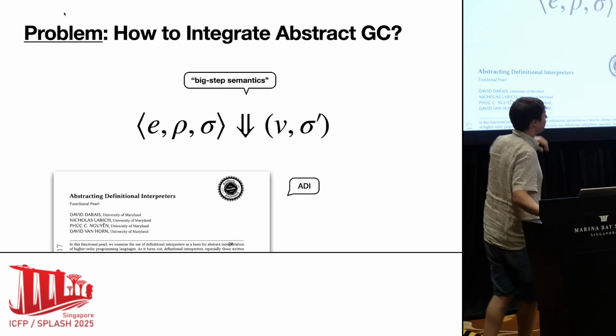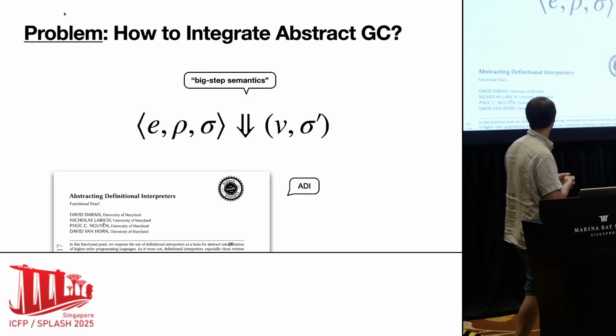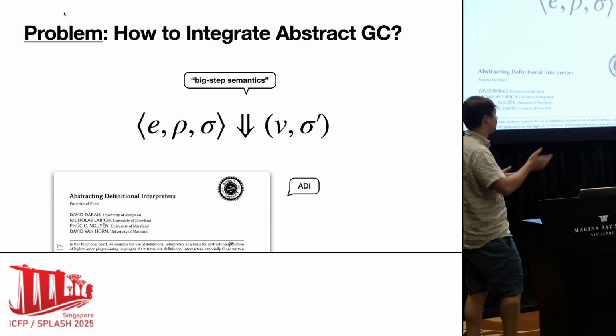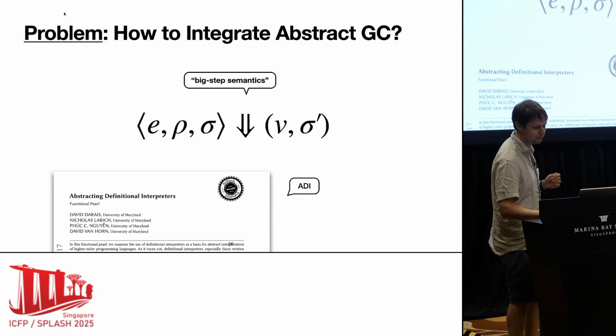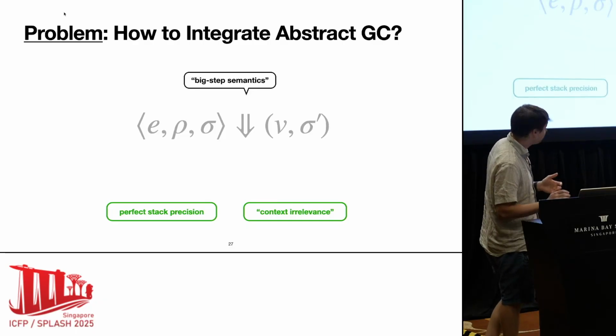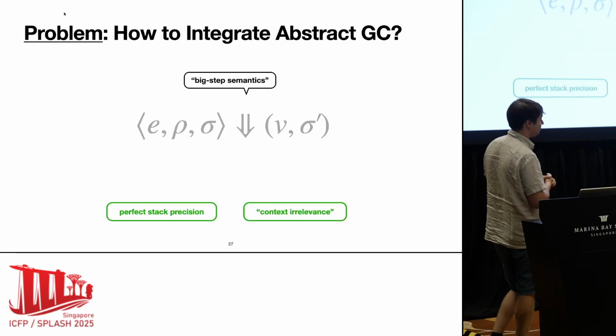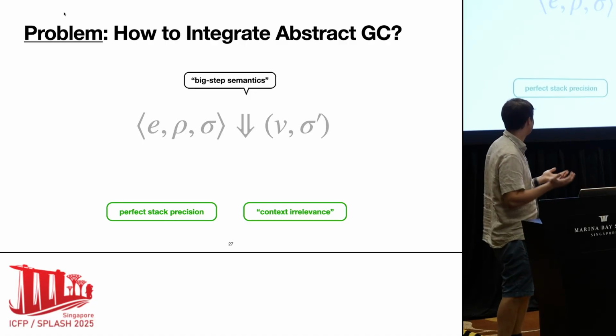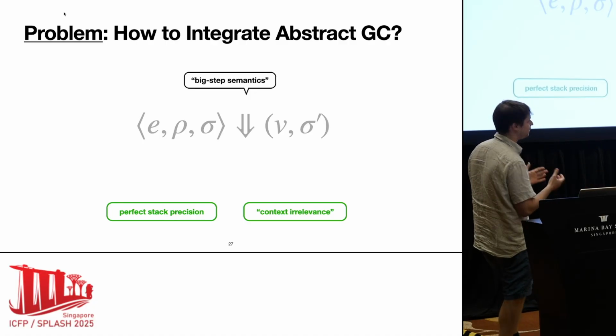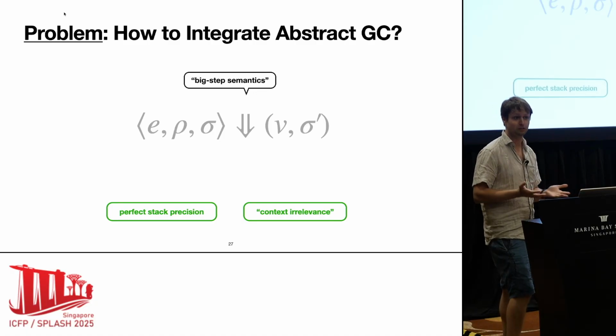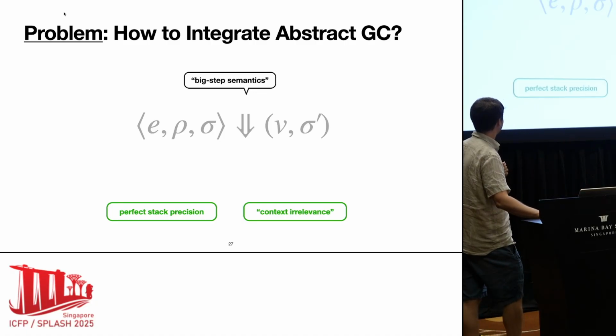And specifically here, we're also following the abstract definitional interpreters approach, just like it was presented in the last presentation. And well, the reason we want to do that is because the abstract definitional interpreters, or big step semantics in general, give us perfect stack precision because we no longer need to approximate the stack ourselves.